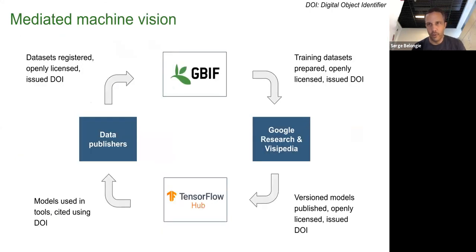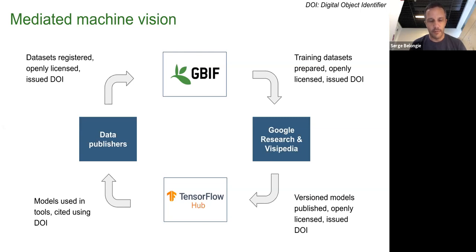So the specific workflow that we're proposing, we call it mediated machine vision. This is developed between Visipedia, Google Research, and GBIF. And the specific part of Google Research that's helping with this is the TensorFlow Hub team, which is based in Zurich. And the idea here is that a group that's a member of the GBIF network, for example, that works on moths and butterflies, they notify GBIF that they're interested in having a data set package for use in this workflow.